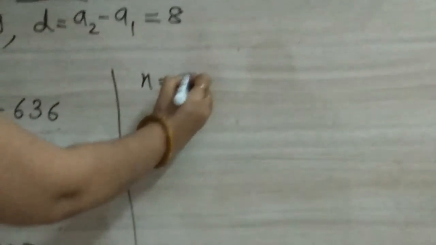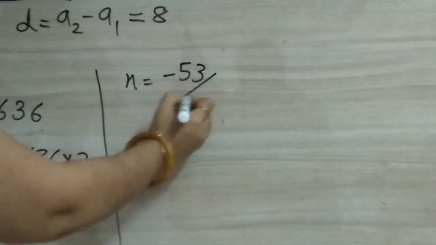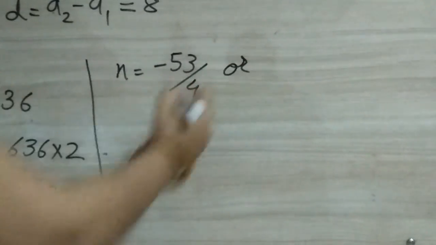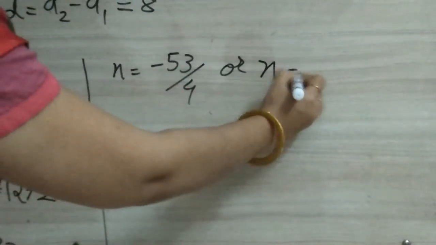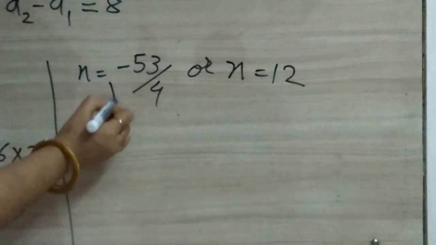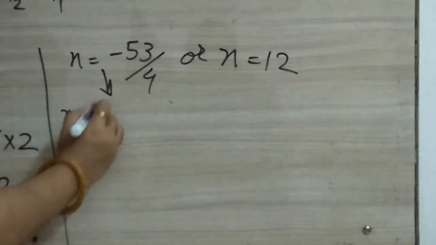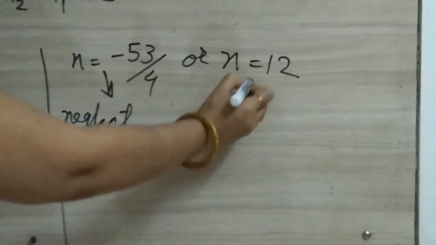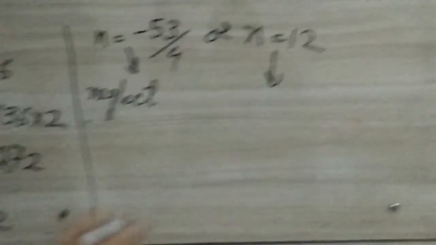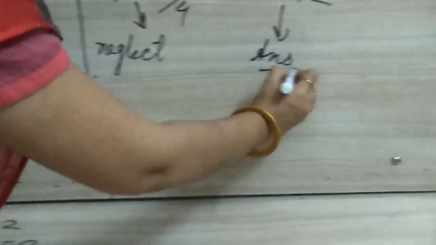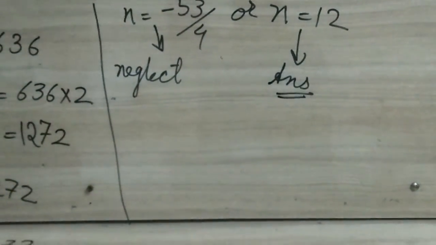n is equal to 53 by 4, and n is equal to 12. Now we have studied that n can never be negative or a fraction. So we will neglect the fractional value, and this will be the required answer. This is the answer because it is a positive whole number.